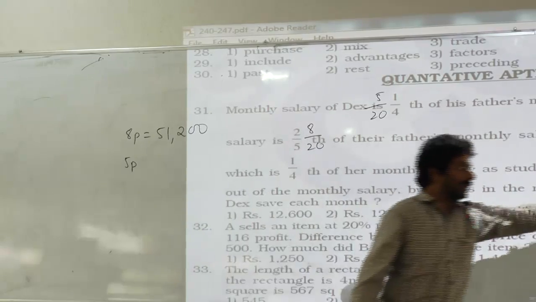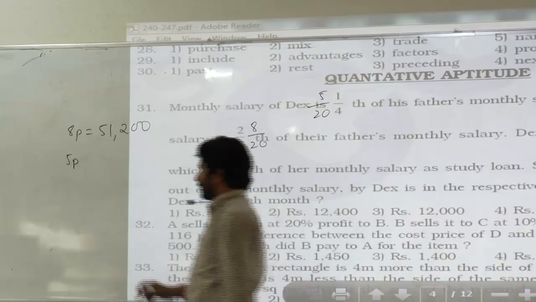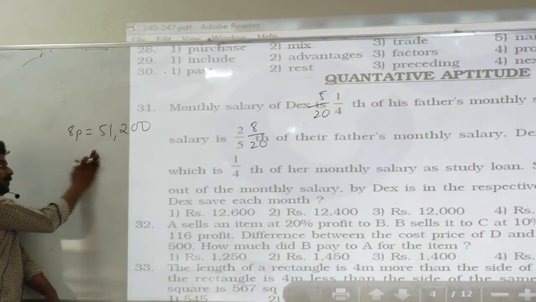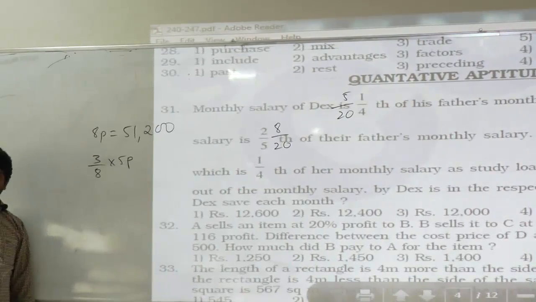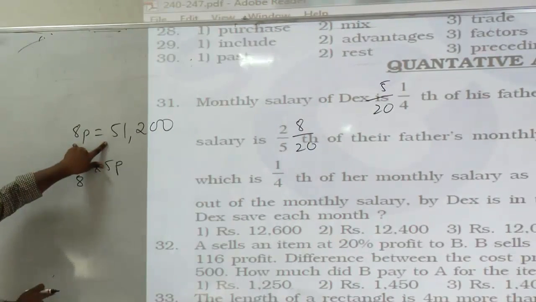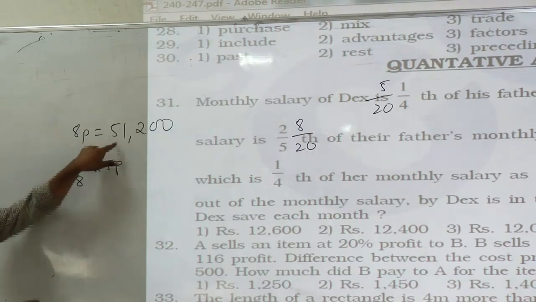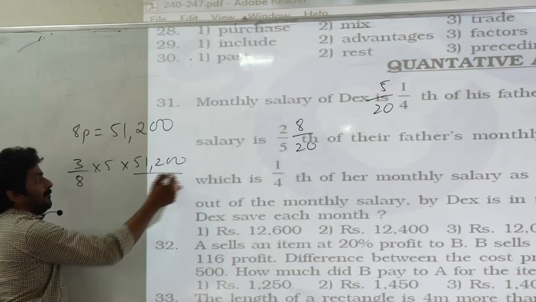So total savings are 3 out of 8. So you need to calculate 3/8 of this number. 3/8 of 5 parts is your answer. From this, 1 part is equal to 51,200 by 8. Yes or no? So 1 part is equal to 51,200 by 8.